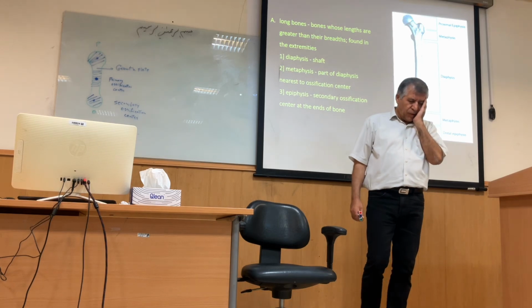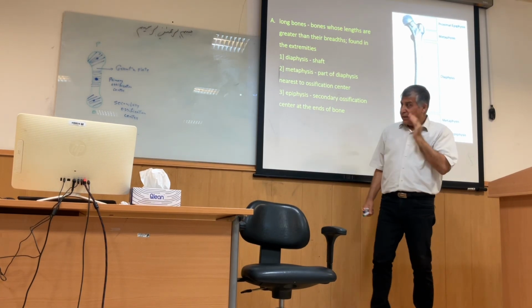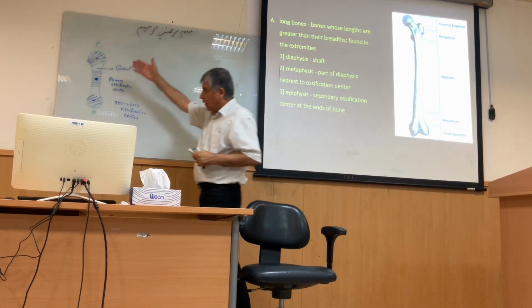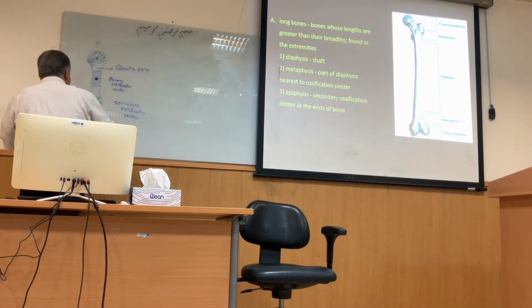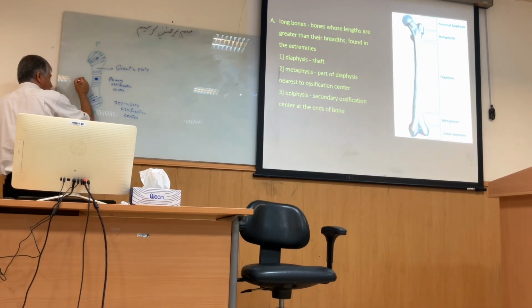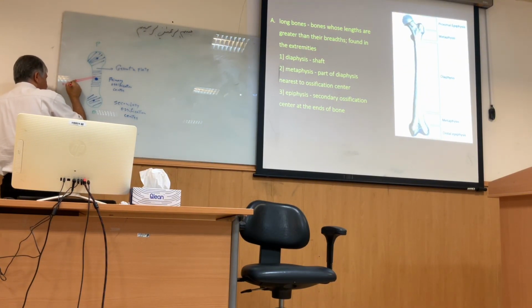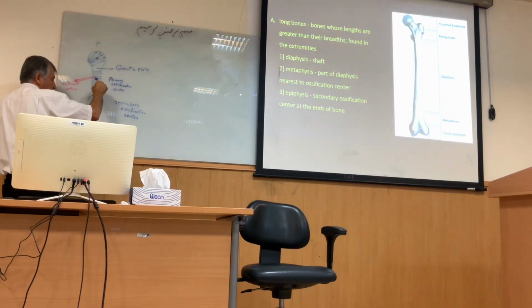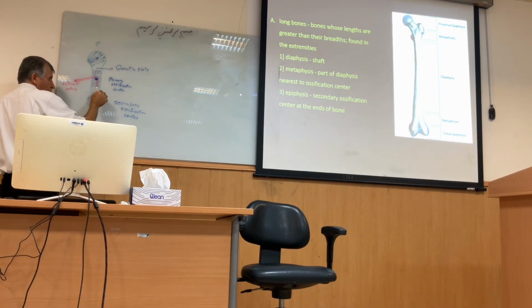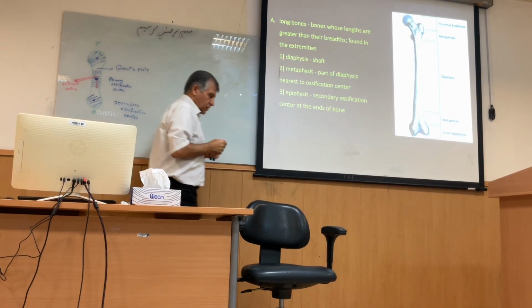We know that all long bones have a nutrient artery. This artery shifts to one side. For example, this one shifts to one side.